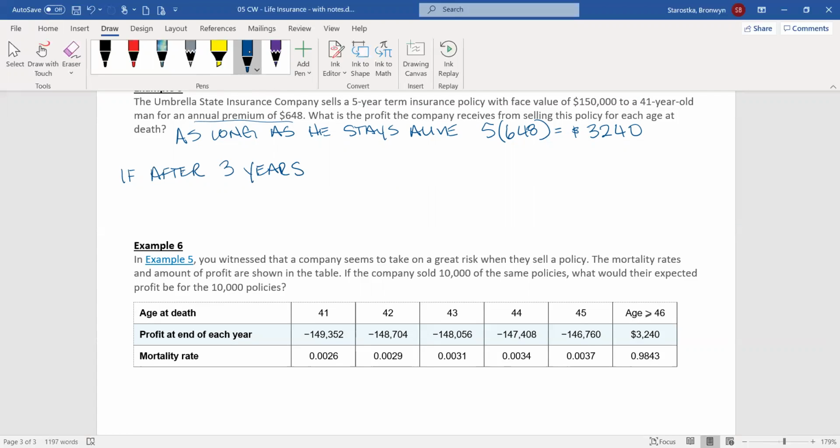So it's going to be those 3 years of premium minus that $150,000 that needs to be paid out to the beneficiaries. So in this case, the company's going to lose $148,056. So you could do that for each year.